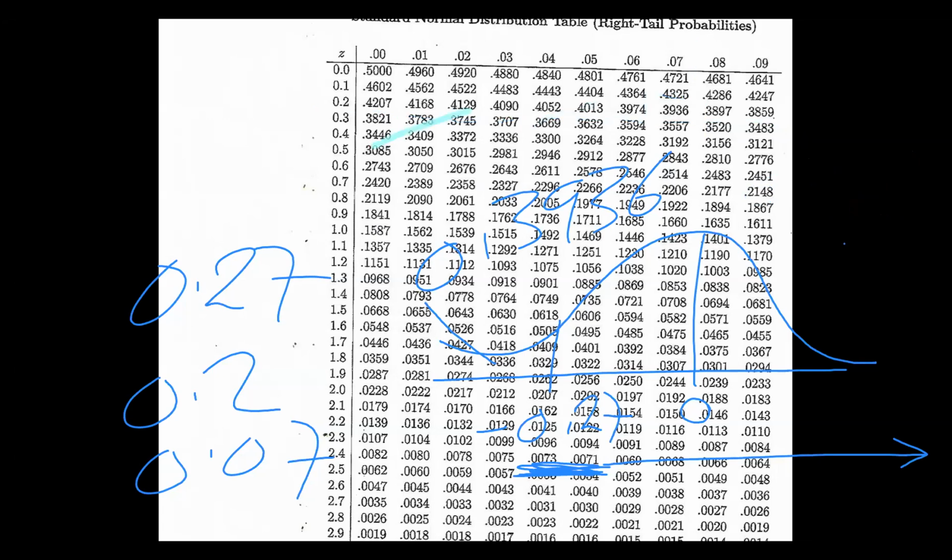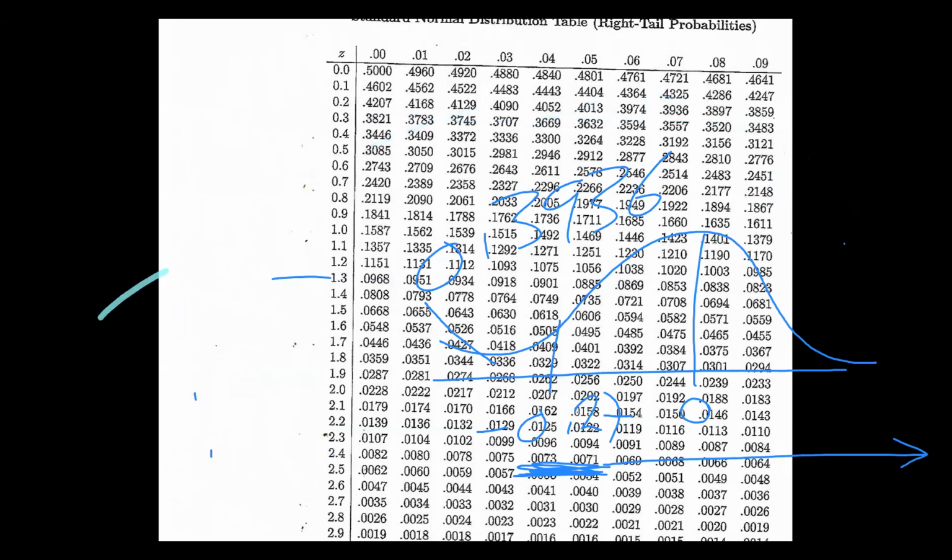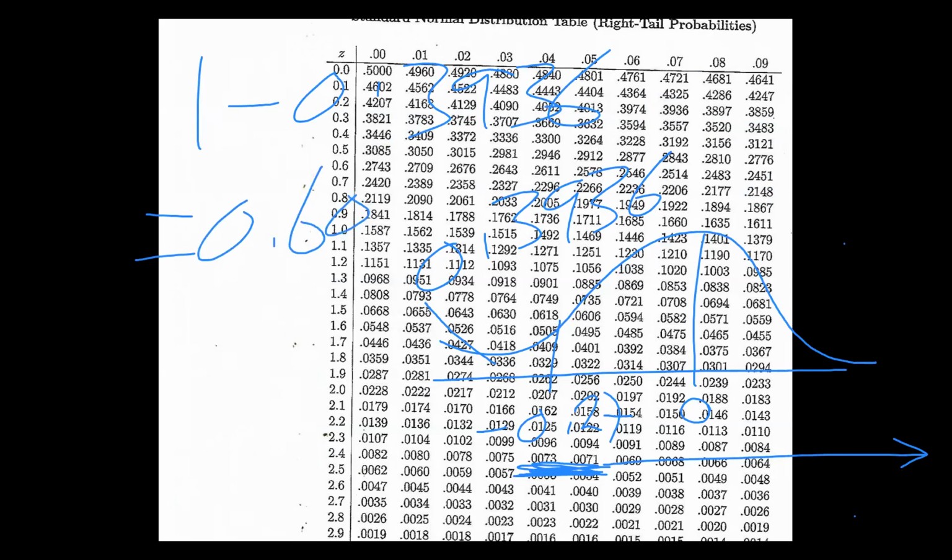Subtract from 1. 1 minus 0.3936. What do you get? 0.6064. Basically, that's the area that is after this point. Are we all fine now?